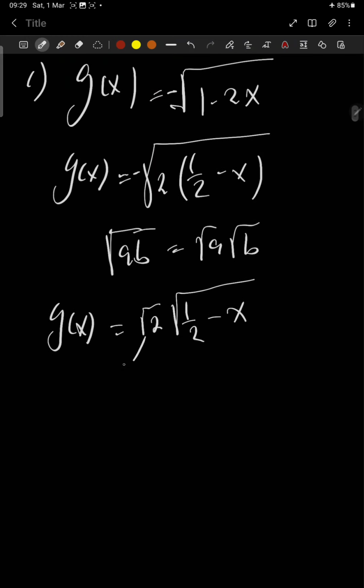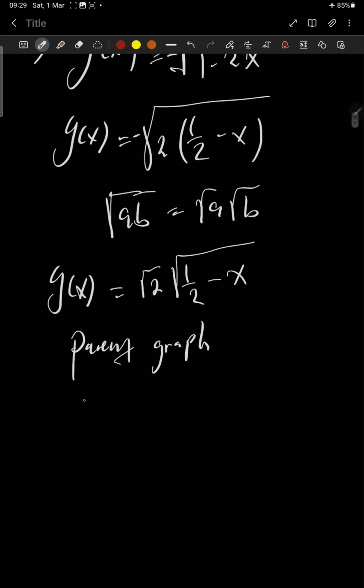So here this can be a vertical stretch, or I'll explain. All right, so after that, you're now going to go to a general graph or the parent graph. All right, parent graph. What is your parent graph? Your parent graph will be y equal to, we look at x.